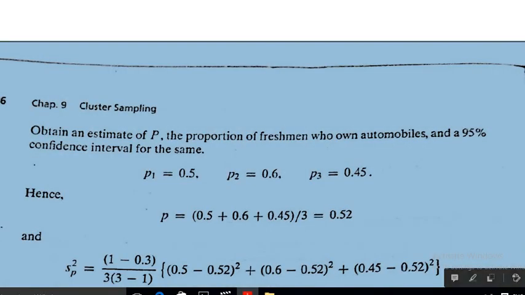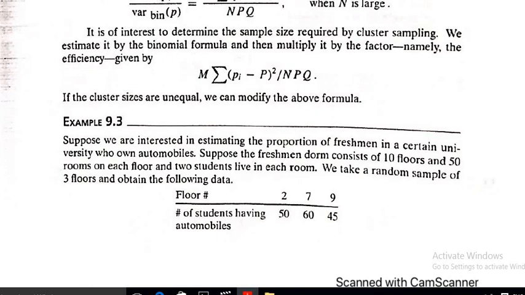Listen attentively. Suppose we are interested in estimating the proportion of freshmen in a certain university who own automobiles. Suppose the freshman dormitory consists of 10 floors and 50 rooms on each floor, and 2 students live in each room. We take a random sample of 3 floors and obtain the following data.